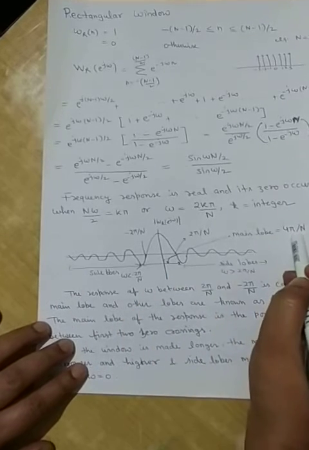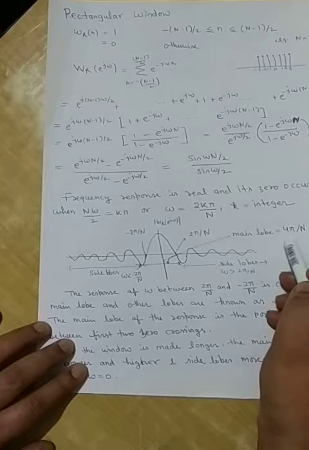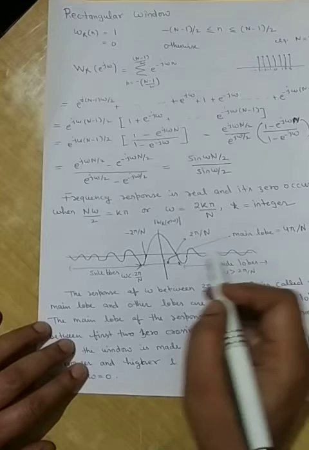So in the case of the rectangular window, the main lobe width is 4 pi by N, which we must know.